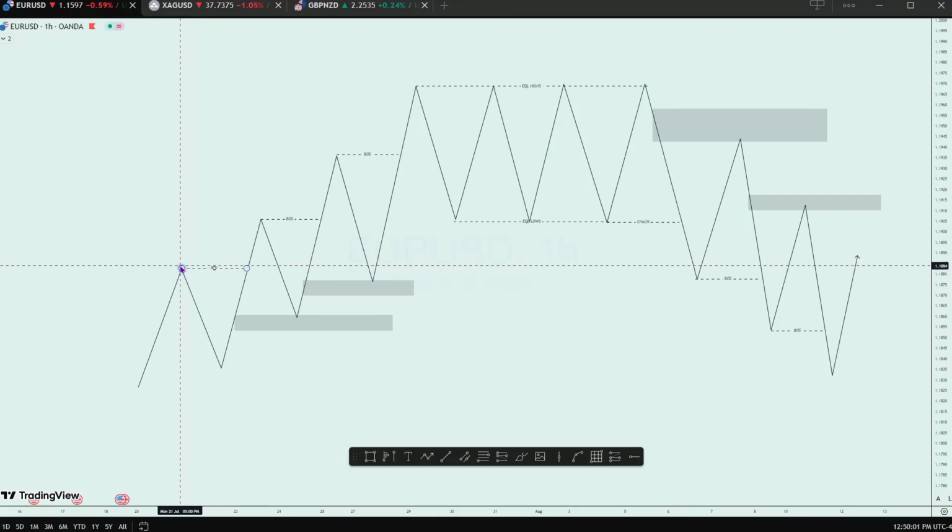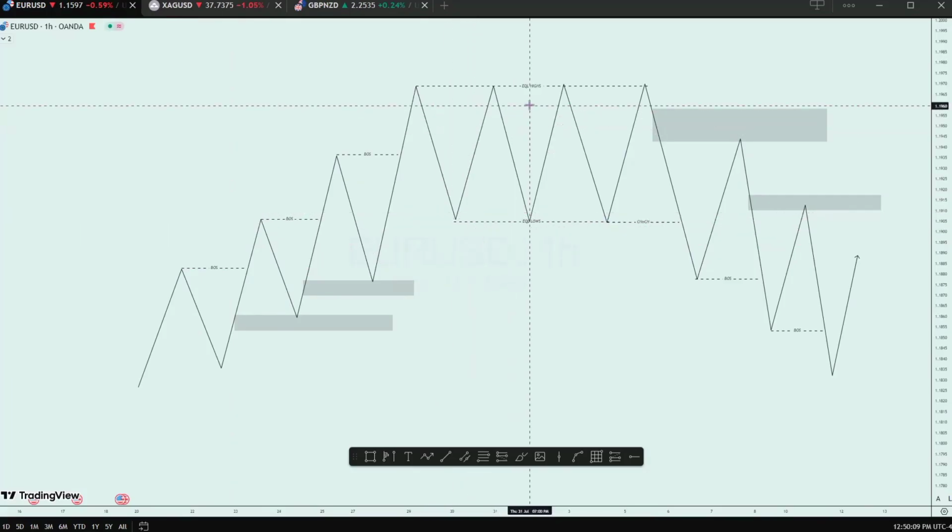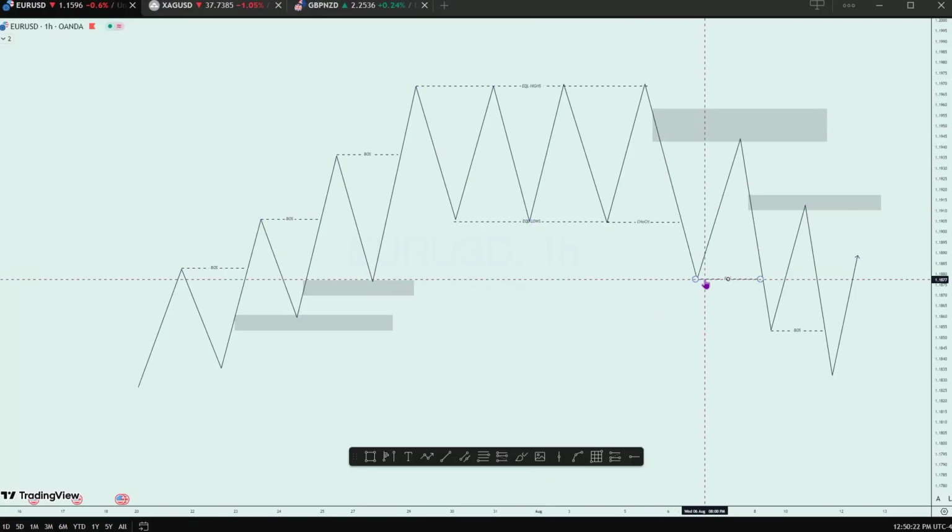An uptrend consists of a break of structure to the upside, which is when price takes out the previous high. The consolidating market is when price doesn't have a specific direction of trend. We have the equal highs and the equal lows. For the declining market, price consists of a break of structure to the downside, and this is where price takes out the previous low.